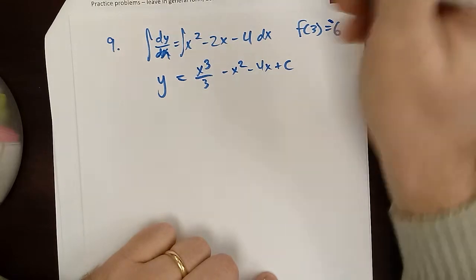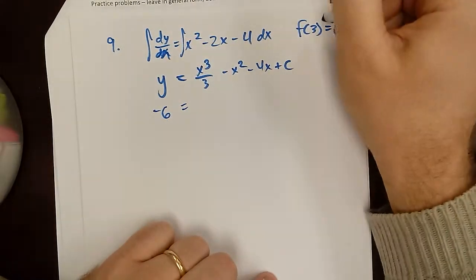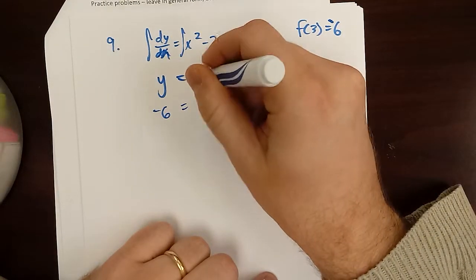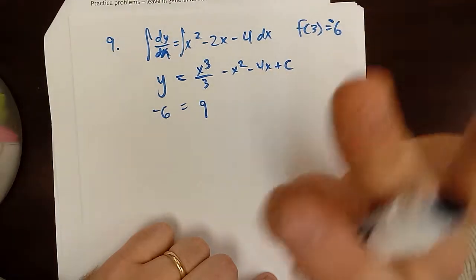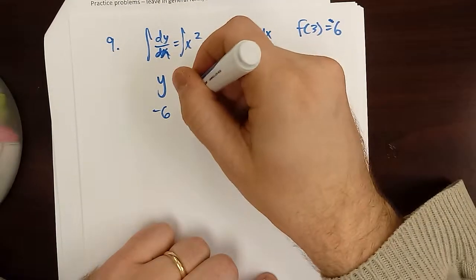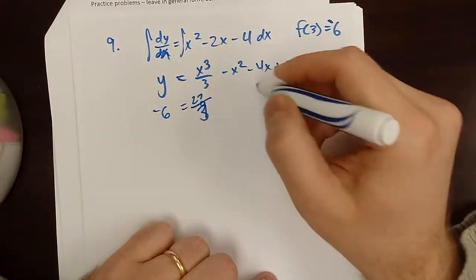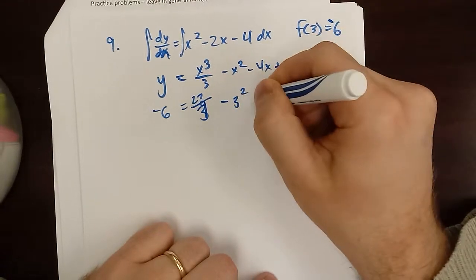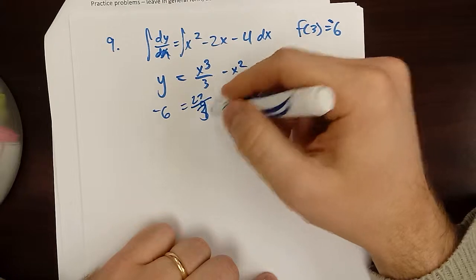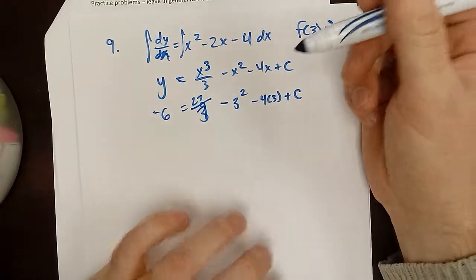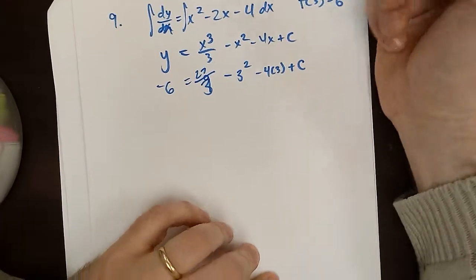So we know the y value is -6. We know the x value is 3. So that's 3 cubed over 3, that's going to be 9. Now this is dangerous. Canfield, slow yourself down. 27 over 3 minus 3 squared minus 4 times 3 plus c. Even writing 27 there is dangerous. I should just show that the 3 is getting plugged in and then start skipping steps.